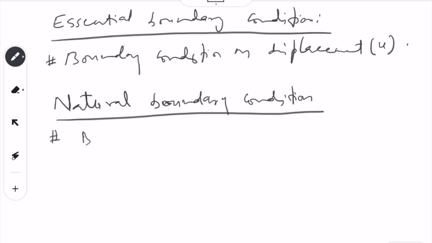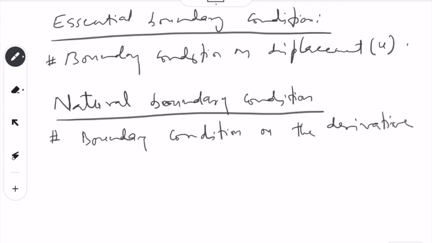So, this is the boundary condition on the derivative of u, that is basically force. Force equals sigma times A, where sigma is E times del u over del x.